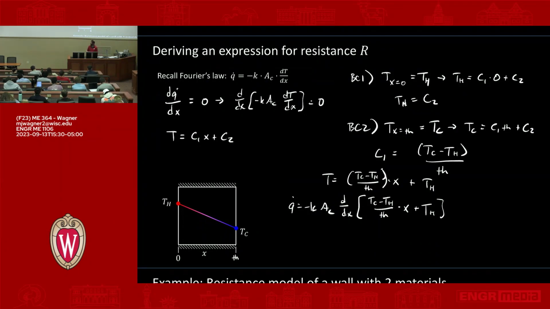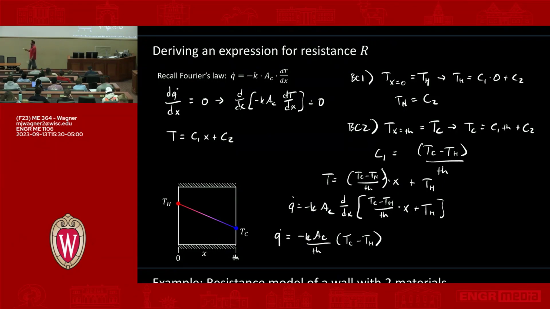If we do that, T_H goes away, and we're left with just what's multiplying the x term: (T_C minus T_H) over thickness times minus k times A_c. Let's write it out: Q dot is equal to minus k A_c over thickness times (T_C minus T_H). I'll give you a chance to write that down.